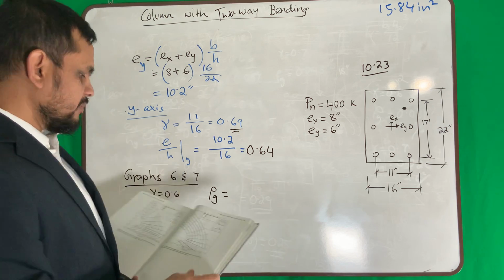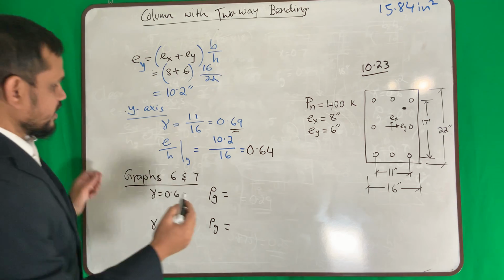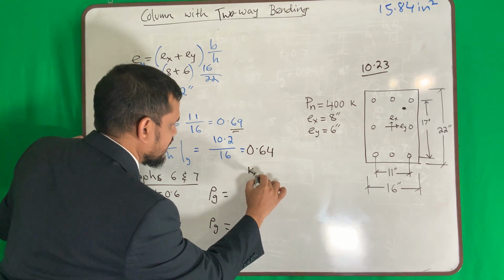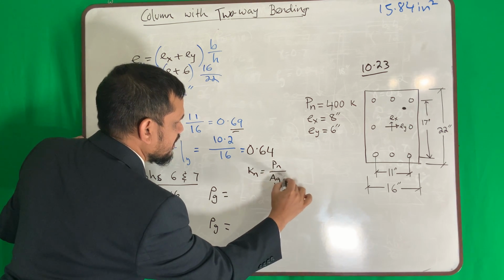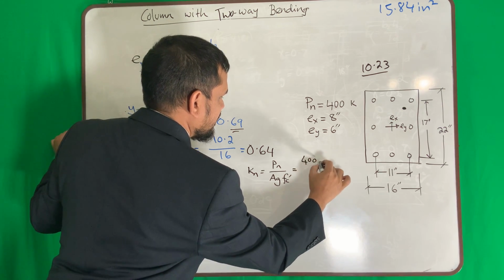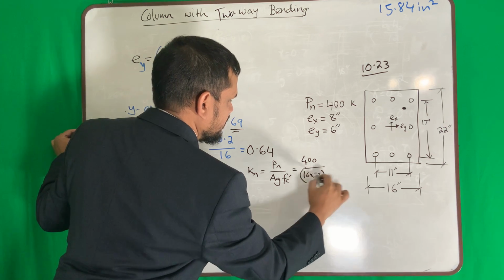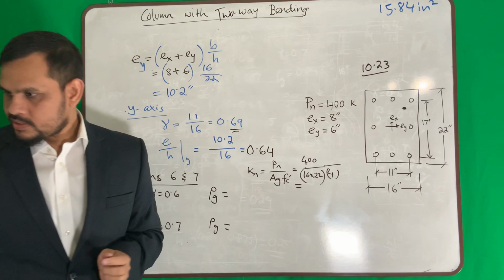Oh, I did not find my Kn or Rn. Okay, so I did not calculate Kn or Rn. So what is my Kn? Kn will be Pn divided by Ag f prime c. That is 400 divided by 16, 22, 4. How much is it?